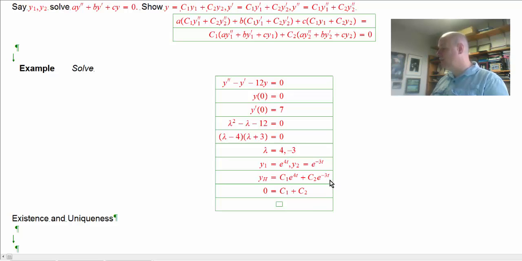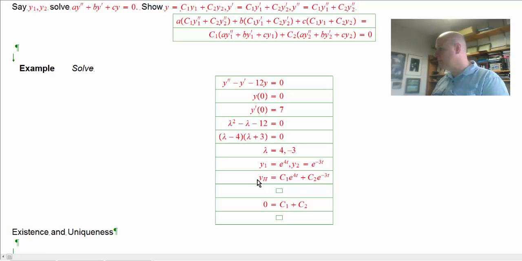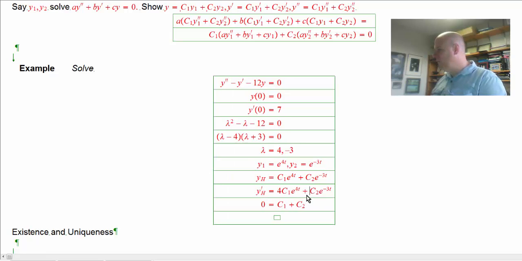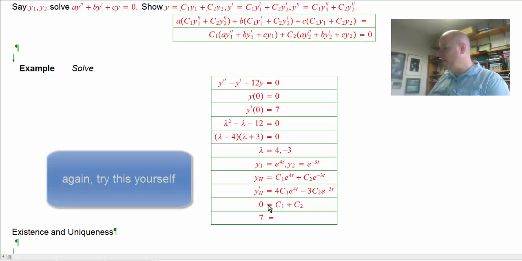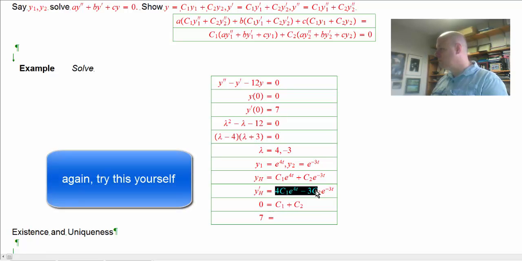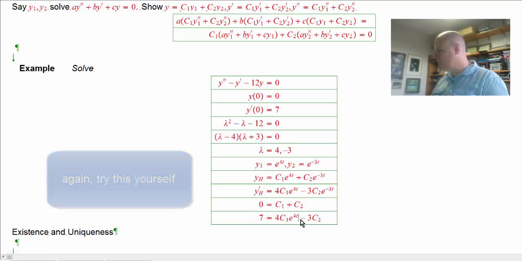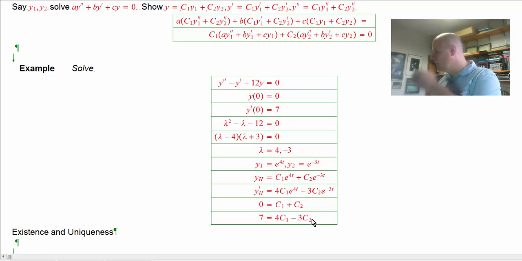Let's differentiate this with respect to t. So a 4 comes down and a minus 3 comes down. If I invoke the second condition, that y prime naught is equal to 7, that means 7 is equal to 4 C1 minus 3 C2. So now I've got two equations, two unknowns.